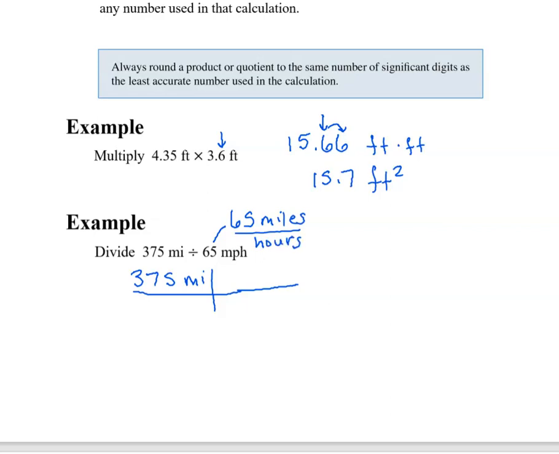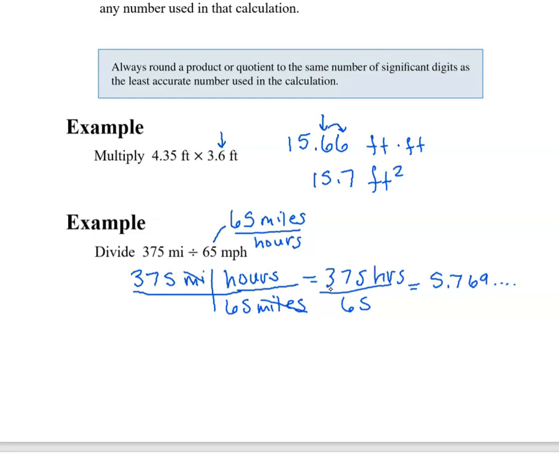When we divide, we're multiplying by the reciprocal, so the hours would come on the top, the 65 miles would go to the bottom, which is going to make the miles cancel out, and we would have 375 hours over 65. So we would actually take those two numbers and divide them, which gives us a decimal number, 5.769, it keeps going, and we would have hours.